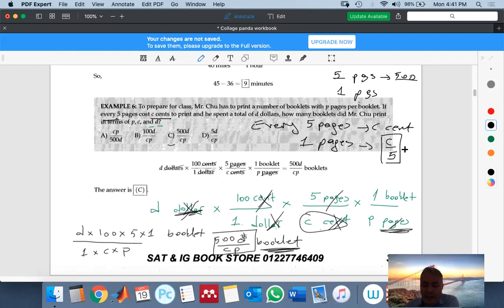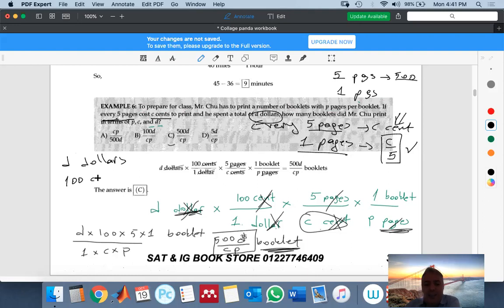Okay, till here, any question? One more time. Every 5 pages costs C cents. So 5 pages, C cents; 1 page, C over 5. And then he spent D dollars. Be careful now, since I am talking about cents here, I have to convert this.